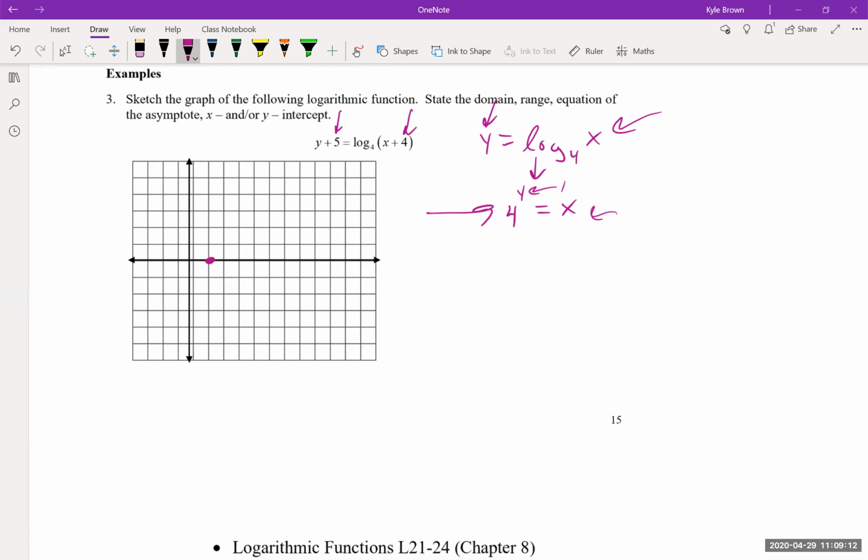So when y is 1, that'd be 4 to the power of 1, so x would be 4. So when y is 1, x is 4, so that'd be right there. Okay, and now that's probably good enough to get the gist of this thing, right? Because I know that this has a vertical asymptote, sorry, my graph's a little off there, like where that is, but asymptote coming up like so, right?